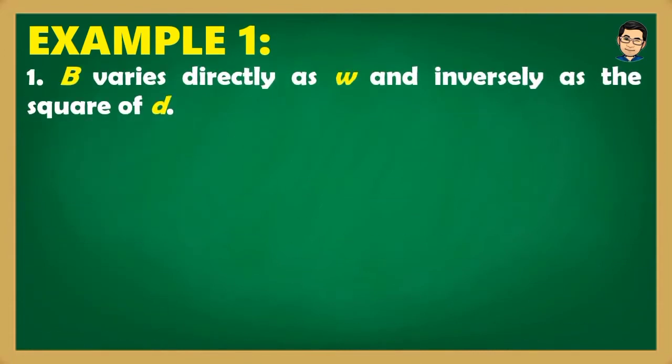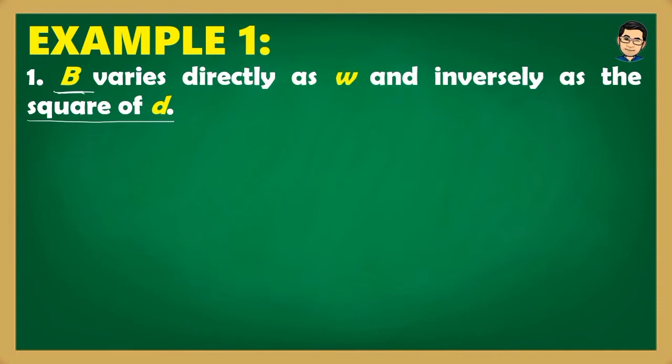So, let's have the first example. B varies directly as W and inversely as the square of D. So, this is B, capital B po, and then varies directly as W. And then inversely siya as the square of D. So, we have there square of D. Magkaiba po yung square tsaka yung square root.